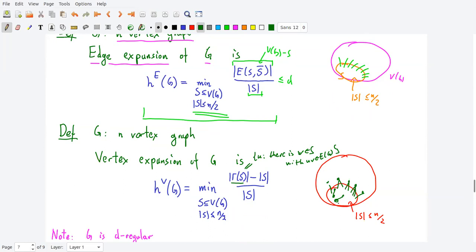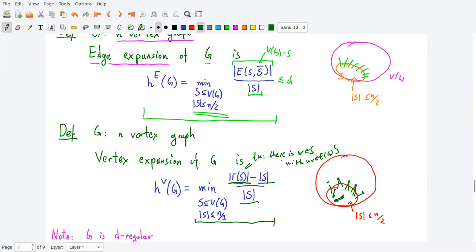So even if a vertex is in S but can be reached from another vertex of S, it also counts here. So this is Gamma of S. I look at how many vertices can be reached within one step from a vertex of S, I subtract the size of S and I again normalize by the size of S. And this is my vertex expansion.